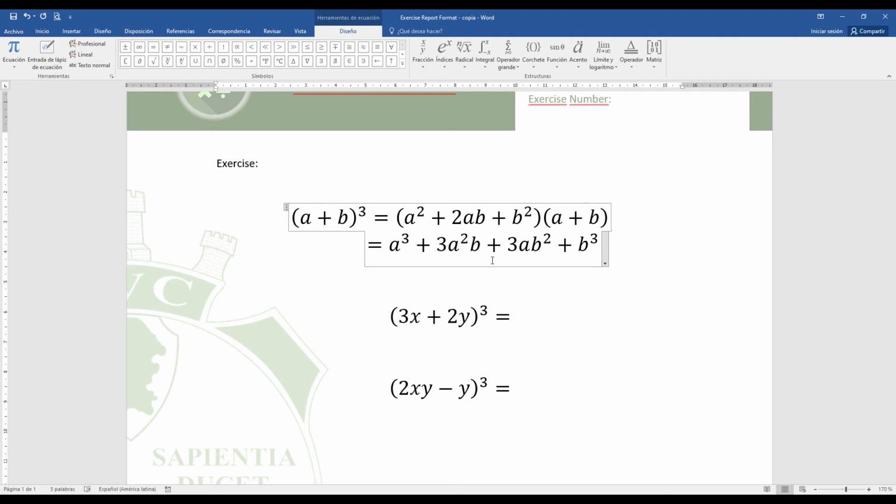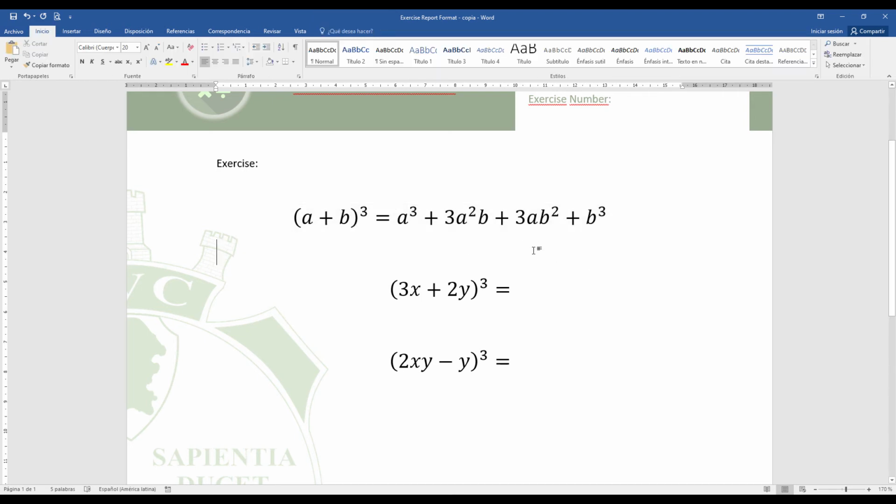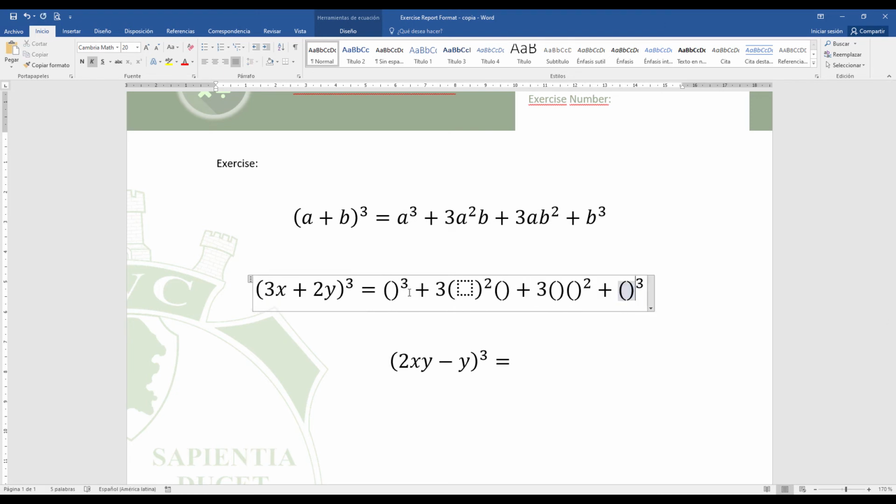And this is the formula of the cube of a binomial. So now you need to apply the structure here.